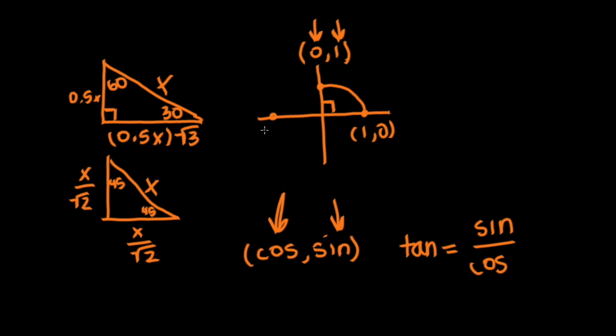For instance, if we were to do a 180-degree angle to our point over here at negative 1, 0, we can see that the cosine of a 180-degree angle would be -1 instead of 0, like it was here. And the sine of a 180-degree angle would be 0 instead of 1, like it was in the 90-degree angle.